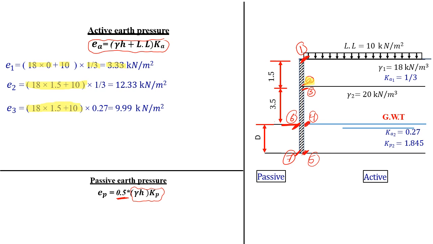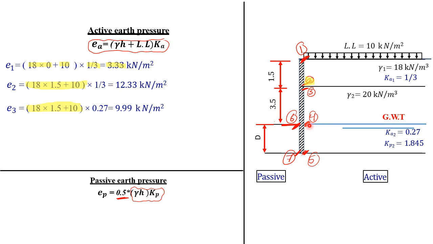However, what's different here is your K active, because point number 3 is now inside soil number 2, and it has a K active of 0.27. So I put here 0.27. That's 9.99. So you see here, at a depth of 1.5 meters, I have a drop in the earth pressure. The earth pressure drops from 12.33 to 9.99.